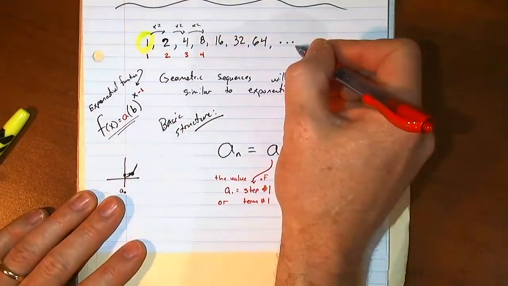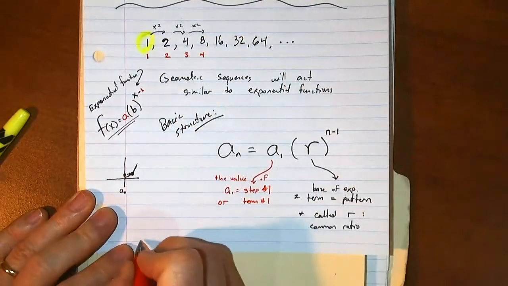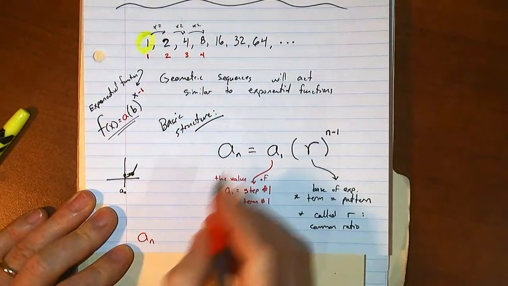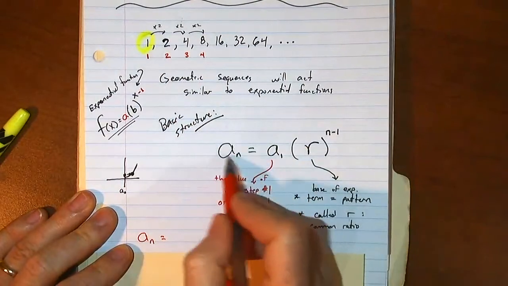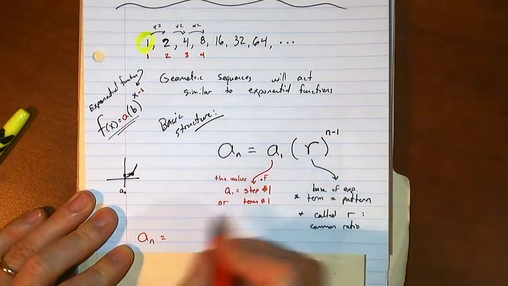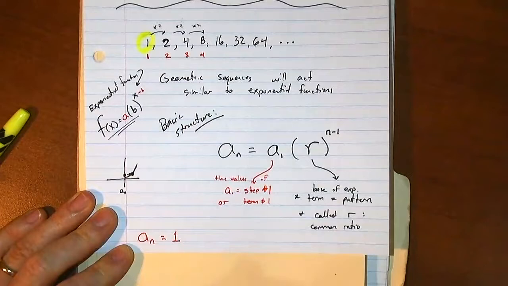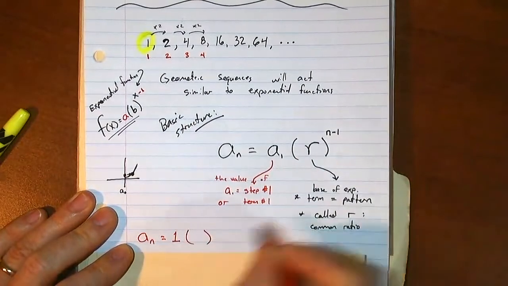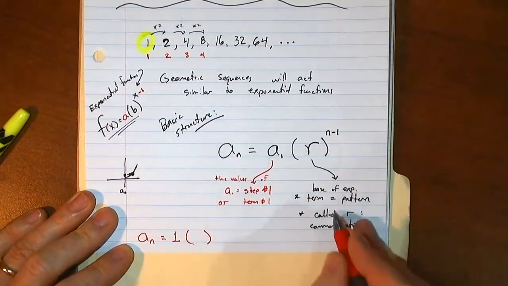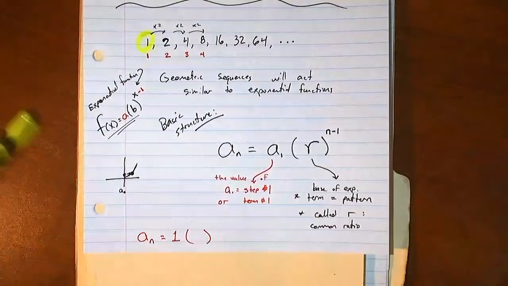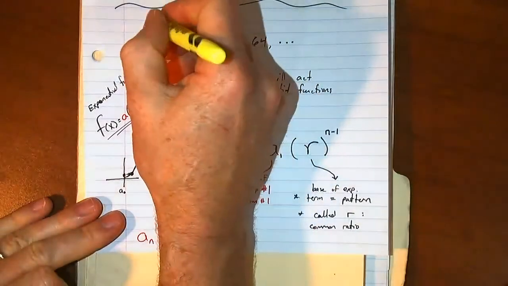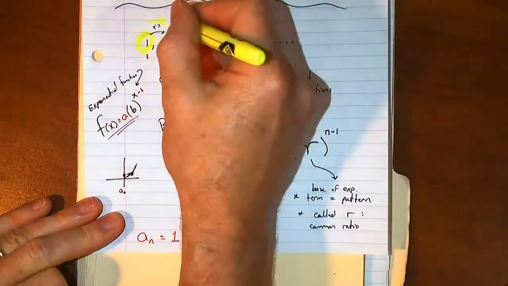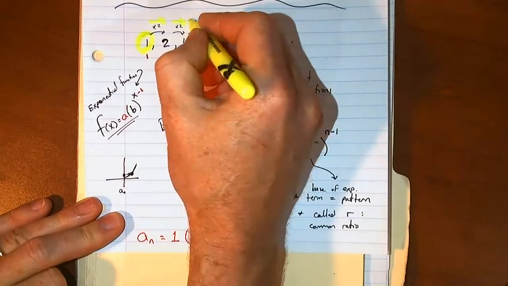So if I was to write an equation of this, I'd have a sub n equals, because remember that part's always going to stay there, my first term is a 1, and then I'm going to multiply that by something that represents the pattern I have. So up here, we said my pattern is I'm multiplying by 2 every time.